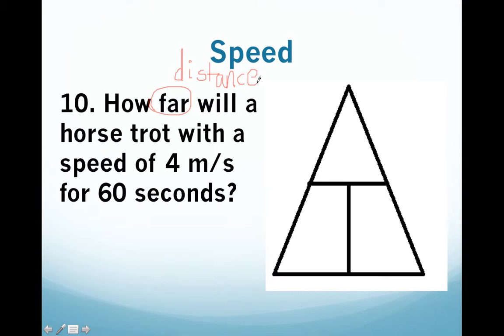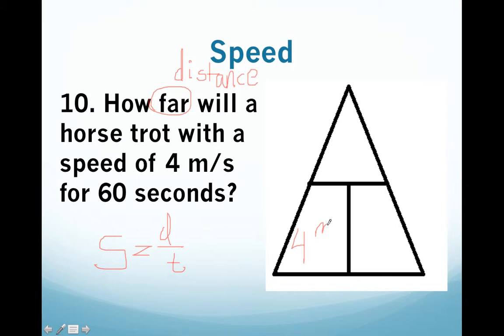Distance right here. All right, so how far will a horse trot with a speed of 4 meters per second? All right, so here's our speed down here. Remember the formula. Speed is equal to distance divided by time. Okay, so we have 4 meters per second. So we're going to put this right here.